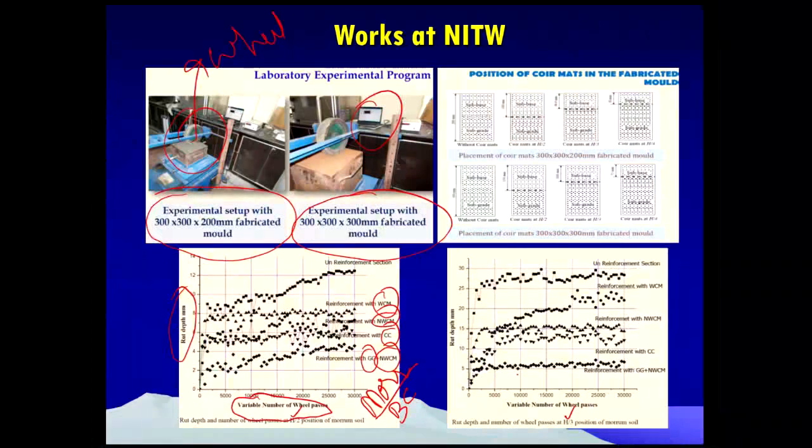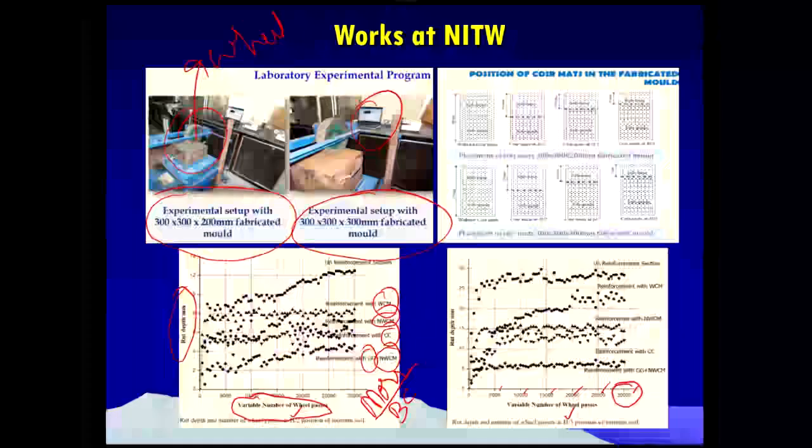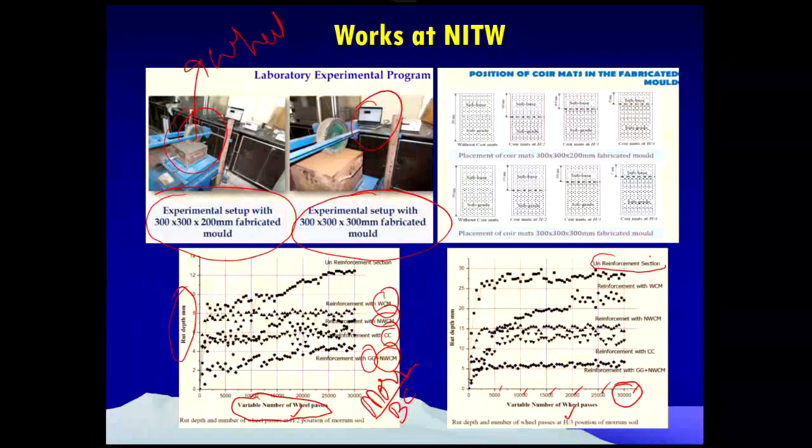You can see here 0, 5,000, 10,000, 15,000, 20,000, 25,000 and 30,000. For 30,000 wheel pass repetitions, the unreinforced section of morum soil without any reinforcement shows a rutting of 30 millimeter.